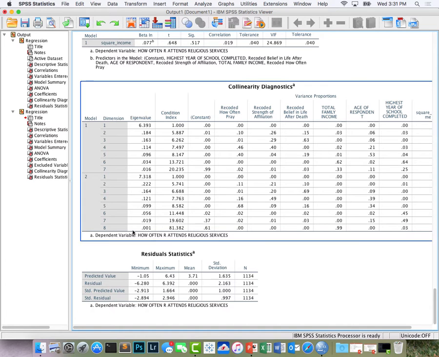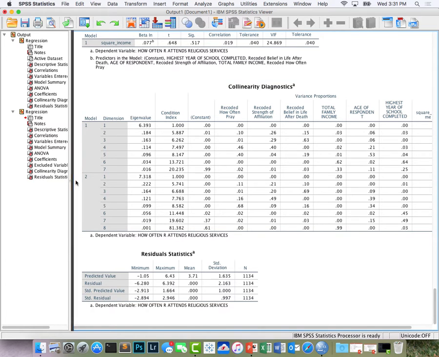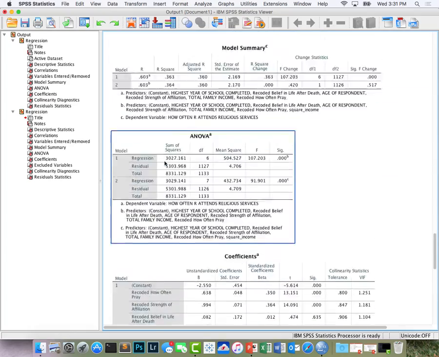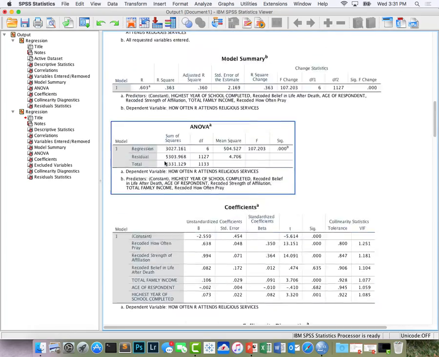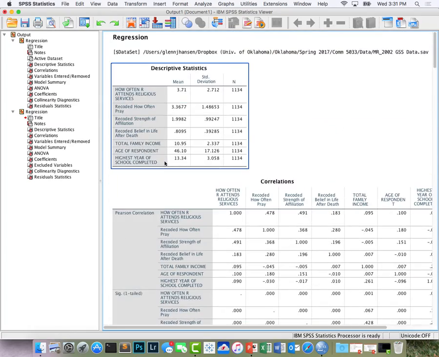I'll show you how we can do that, and how it should reduce that level of multicollinearity, and we'll see how it goes.